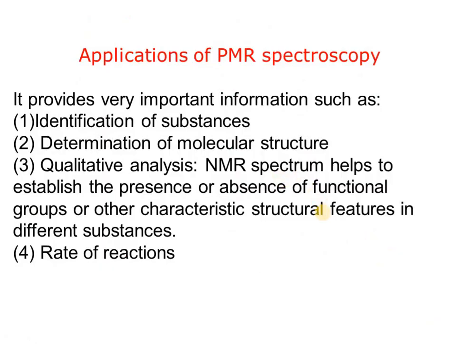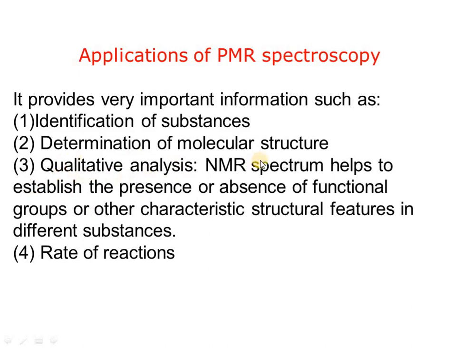Now come the applications of PMR spectroscopy. As we have already discussed NMR in detail, here we have mainly taken up the proton. This is proton magnetic resonance spectroscopy, and with it we can identify substances, determine their molecular structure, and do qualitative analysis.